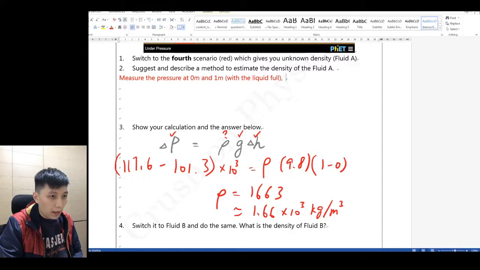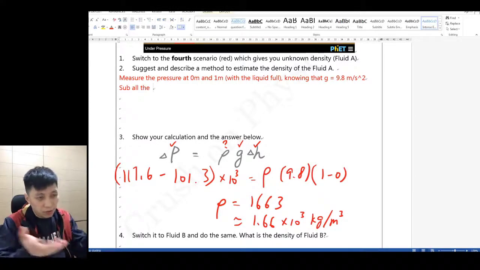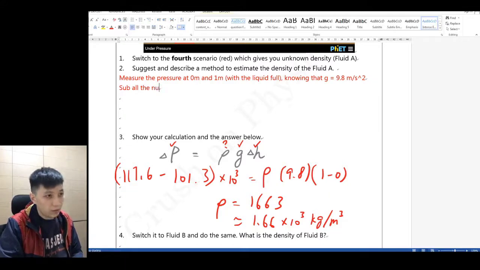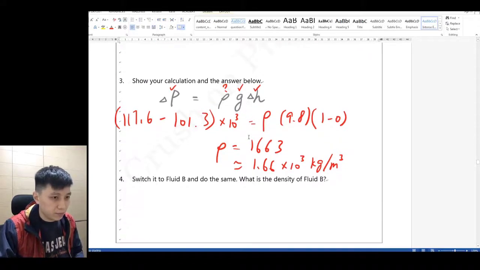And then, knowing that g equals 9.8 meters per second squared, substitute all the values into the equation. So I guess you can expand the description here.